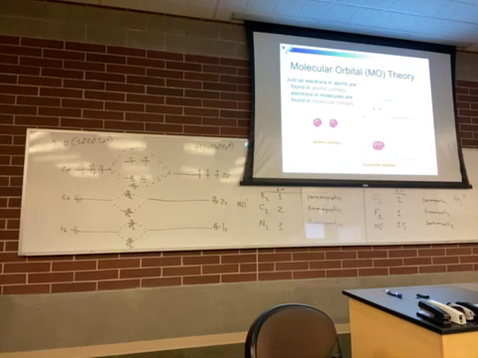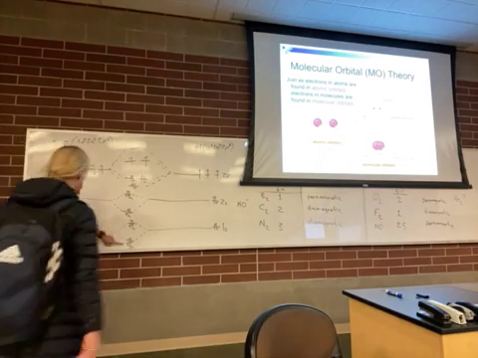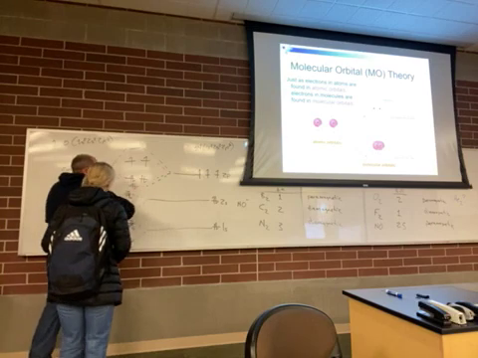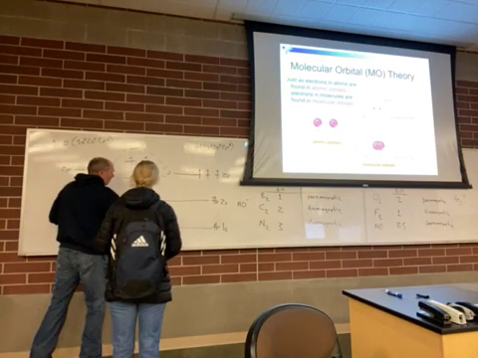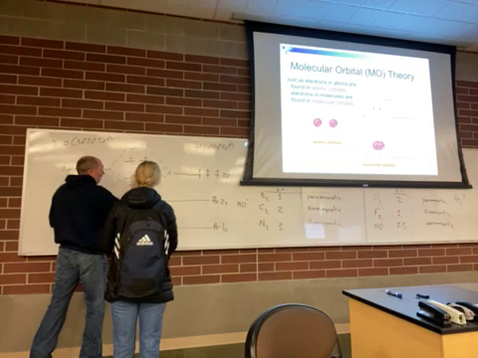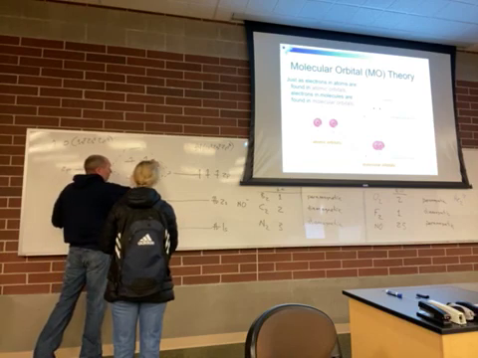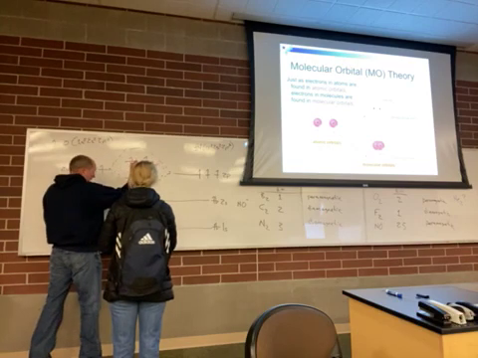Yeah, so remember it's bonding minus anti-bonding. So bonding, anything with an asterisk is anti-bonding. So this is going to be sigma 2p. This is going to be pi 2p, pi 2p. This is going to be pi star 2p. That's anti-bonding, exactly.